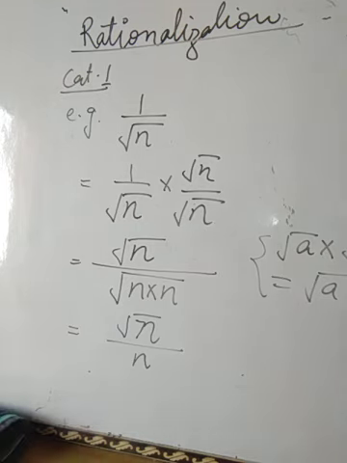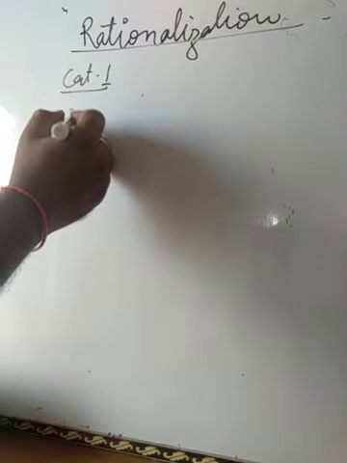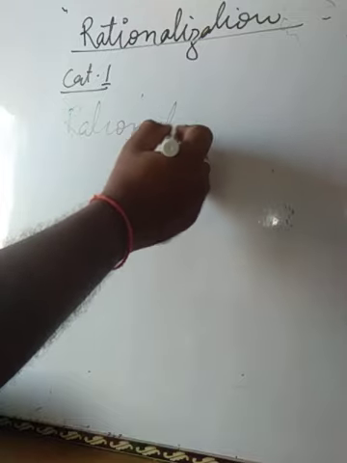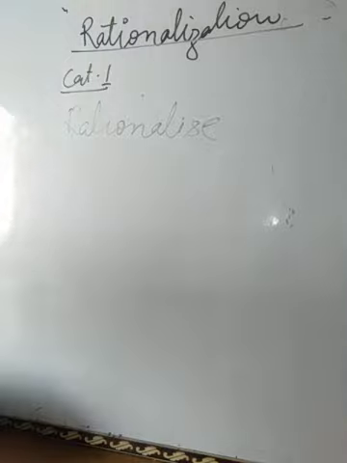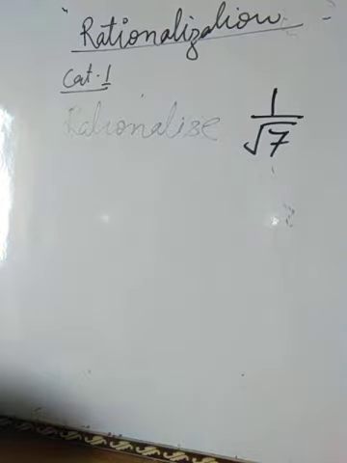Now I will take an example and we'll do it. So let us solve one question. Okay. Rationalize 1 upon root 7.